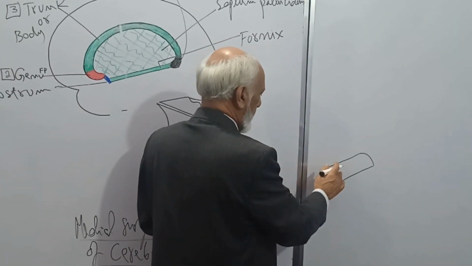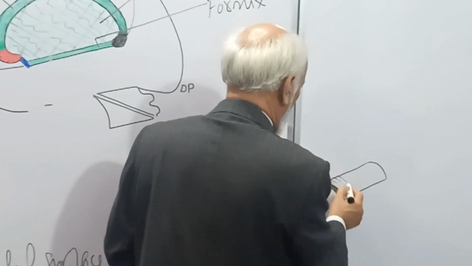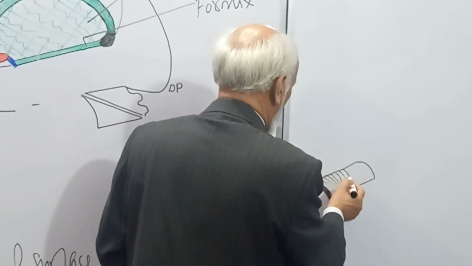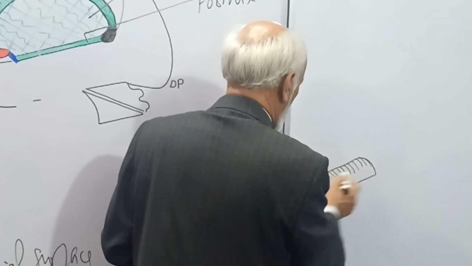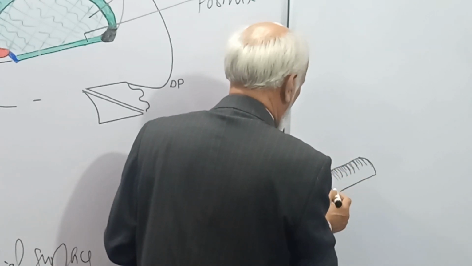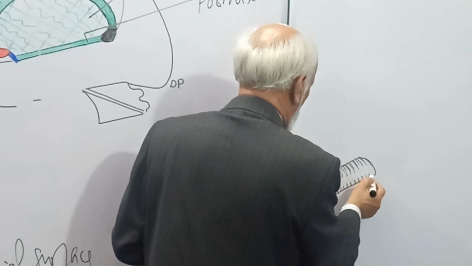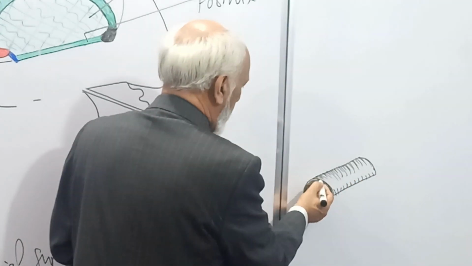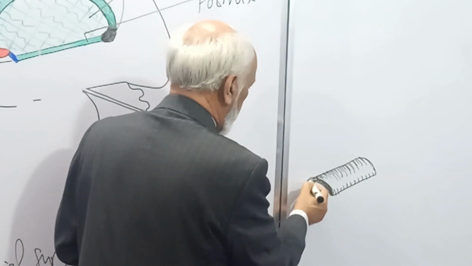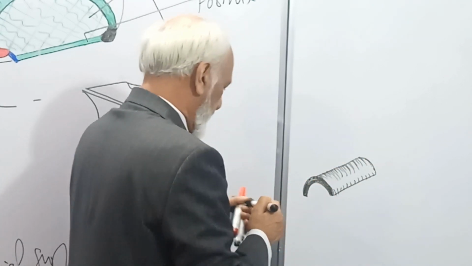It is cut from side to side and from before backward. And this is the outer surface of the corpus callosum. This is the lower or inner surface.